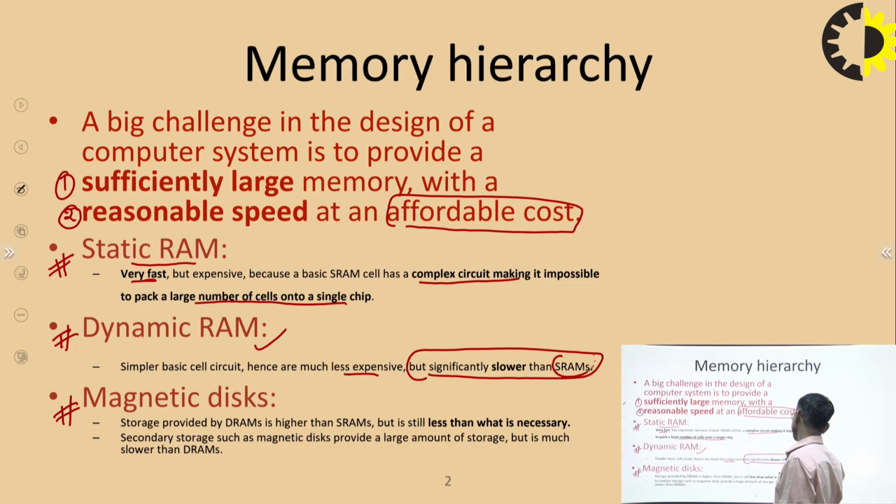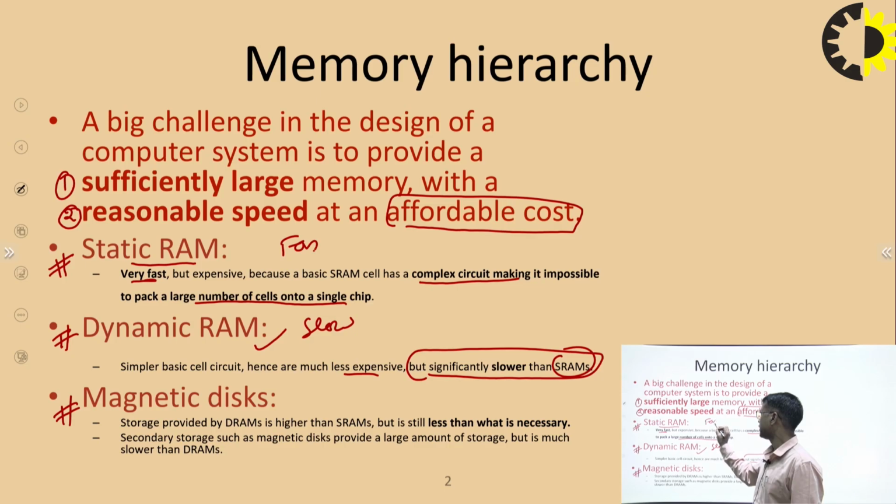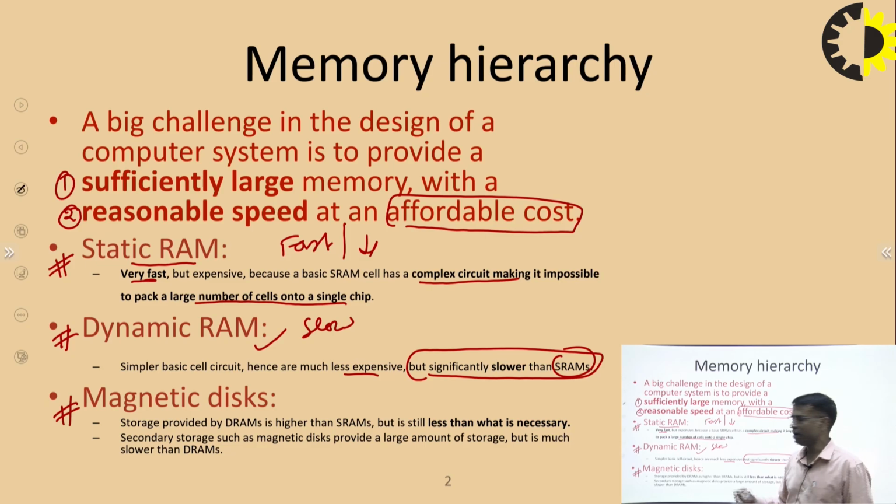So, this is slow and this is fast. SRAM has low packaging capacity, so a large number of cells cannot be packed, and the storage capacity is small. DRAM has higher capacity, but it is slow, so there is a drawback. So, which can we choose?